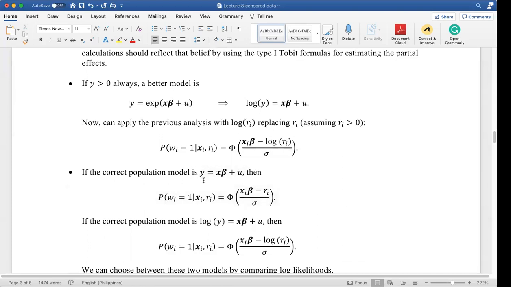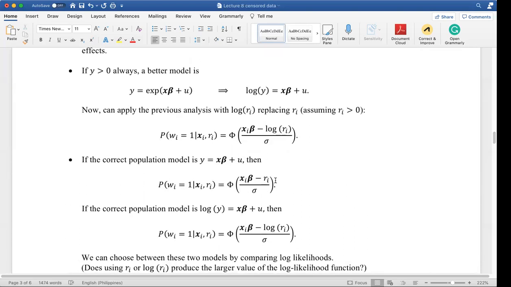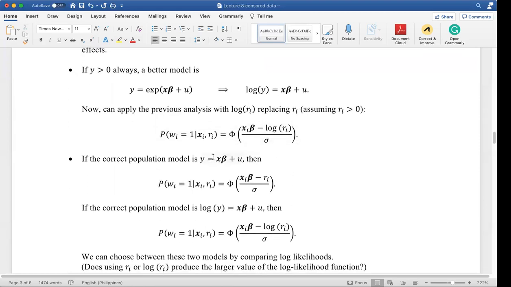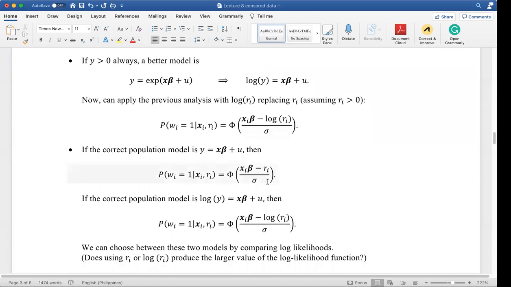Our earlier model is y sub I equal to x beta plus u. If the correct model is y equal to x sub I beta plus u, our original model, then this is the probability that w sub I is equal to 1.